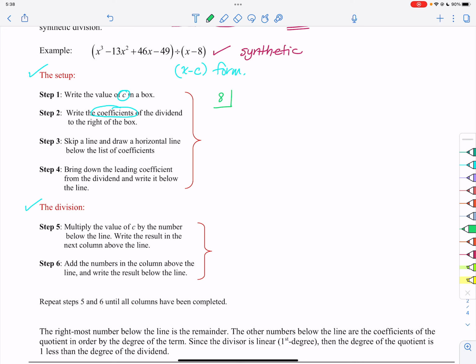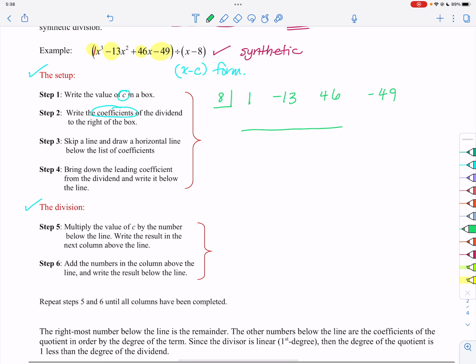Now we're going to use all of the coefficients. We have a negative 49, a 46, a negative 13, and of course, a 1. So let's go ahead and write those. We have 1, negative 13, a positive 46, and a negative 49.